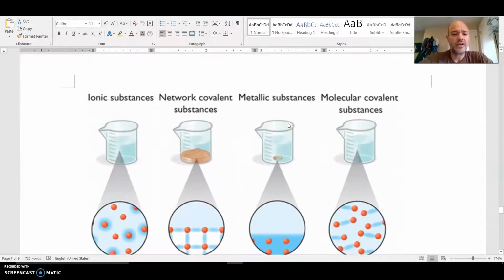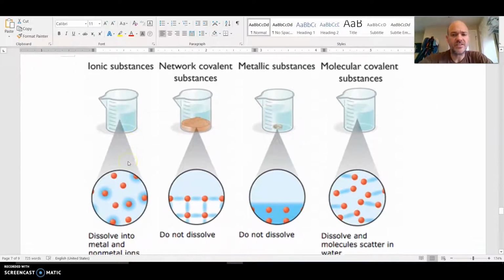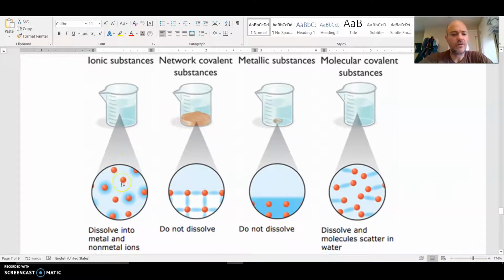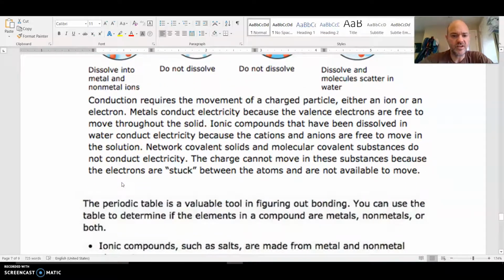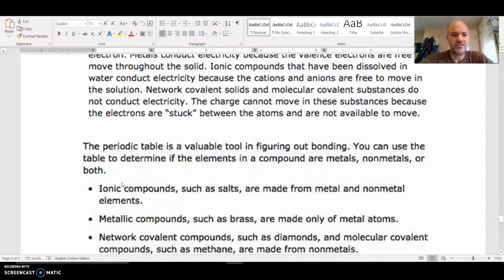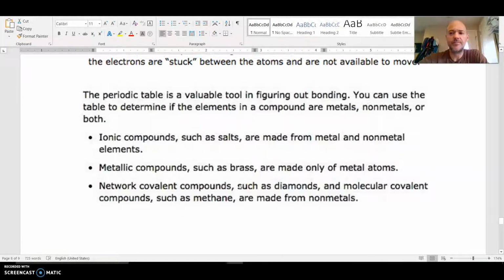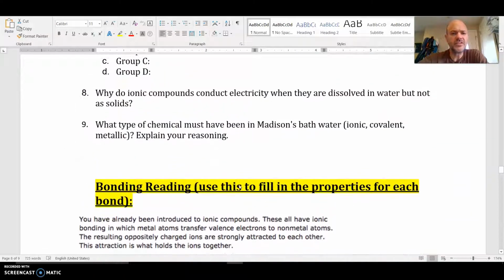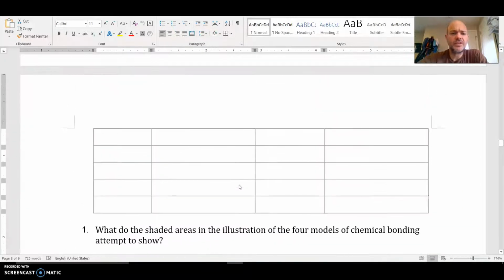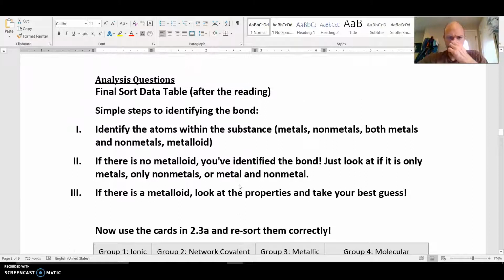So you can look at how substances dissolve, depending on what kind of substance they are. Conduction requires this, and then what each of the substances are made of. So there's that. Let's come back up to the analysis questions now.